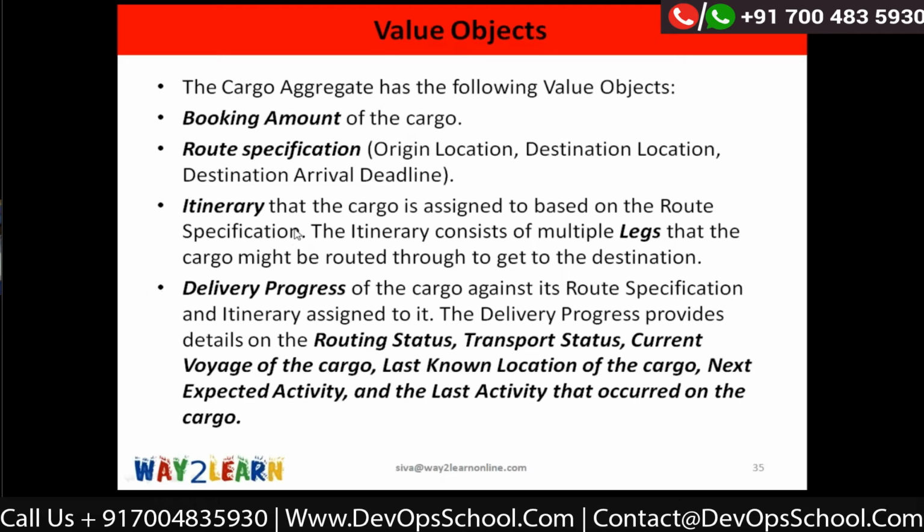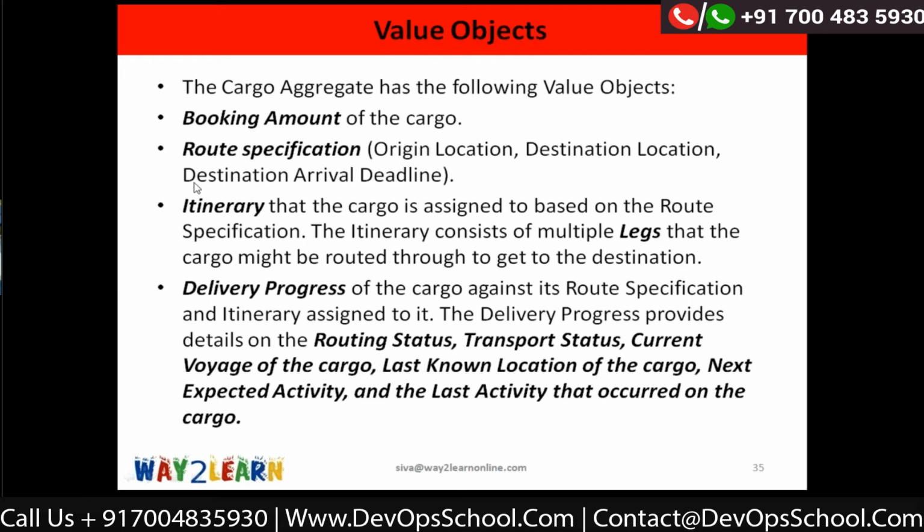And for every cargo, I have a class called route specification, which contains the origin location, destination location, and arrival deadline. I create a class called route specification, which contains all these fields. This also does not have any identifier of its own. So this is another example of a value object.